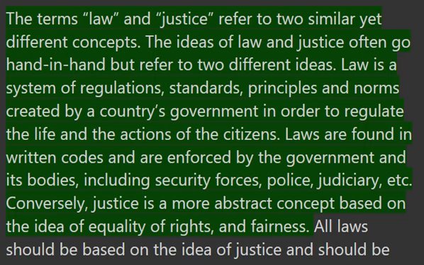Laws are found in written codes and are enforced by the government and its bodies, including security forces, police, judiciary, etc. Conversely, justice is a more abstract concept based on the idea of equality of rights and fairness.